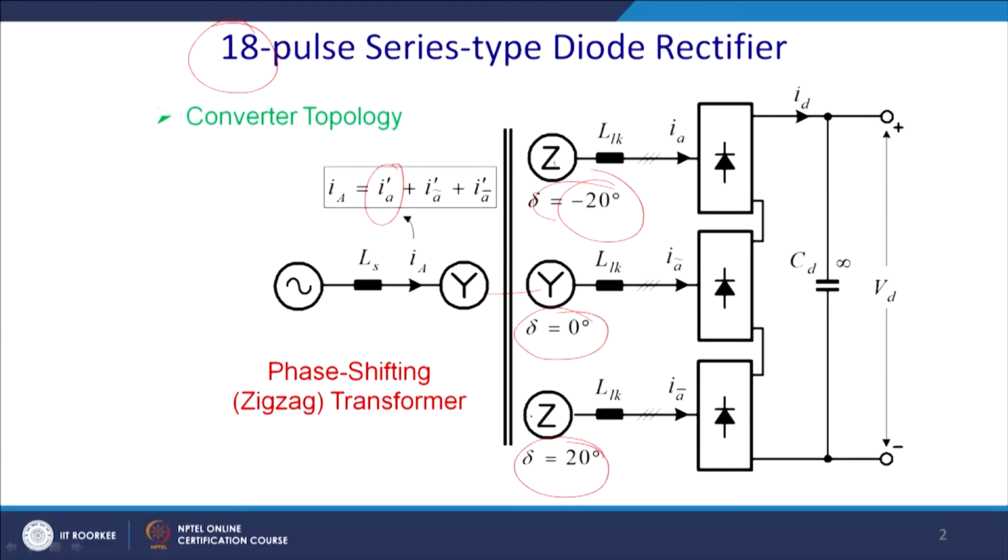Whereas if you go back to the 18 pulse converter, you require to make two special transformers which give you the 20° phase shift.